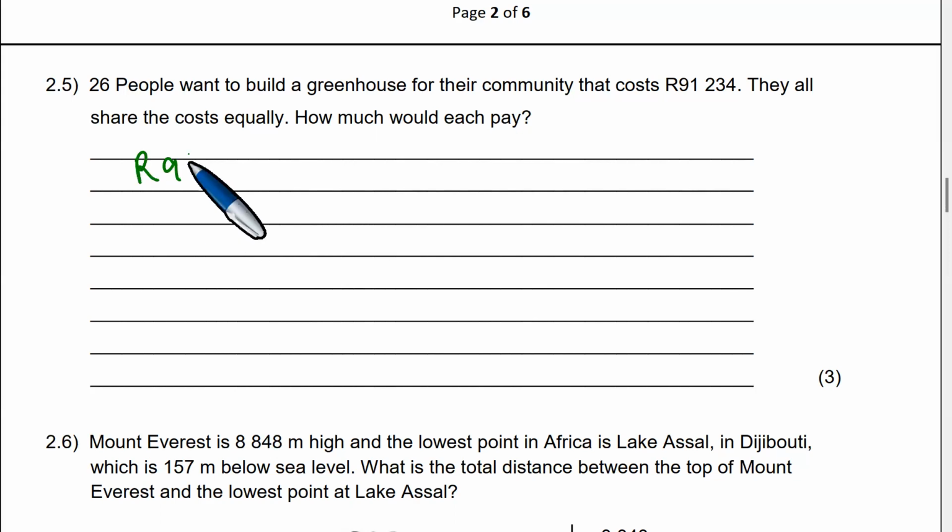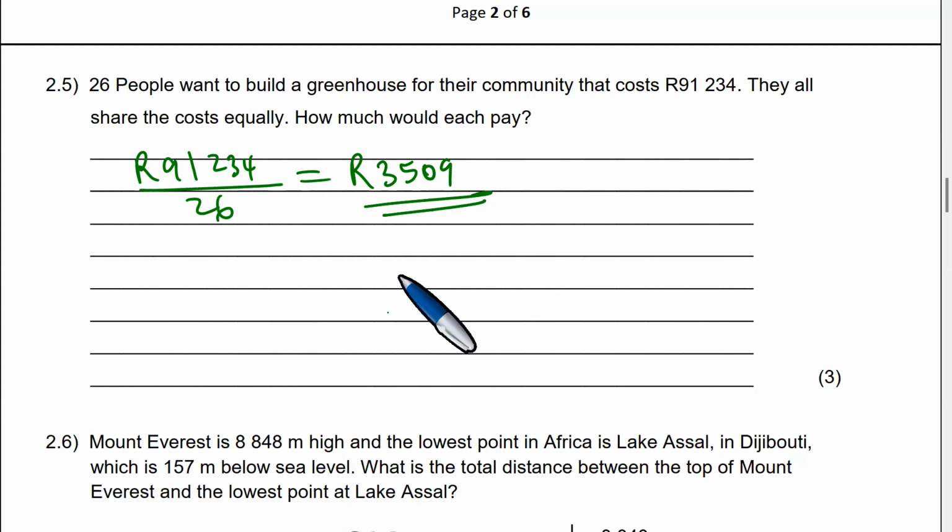So you take 91,234 and divide by 26. What is the answer? 3,509. So each one is going to pay about 3,509. Okay.